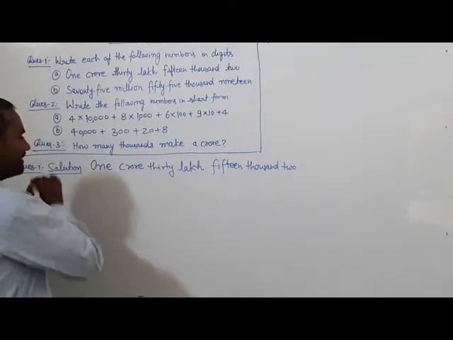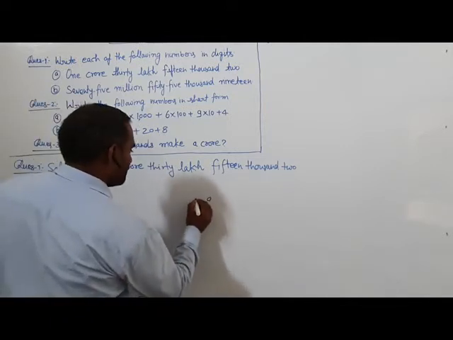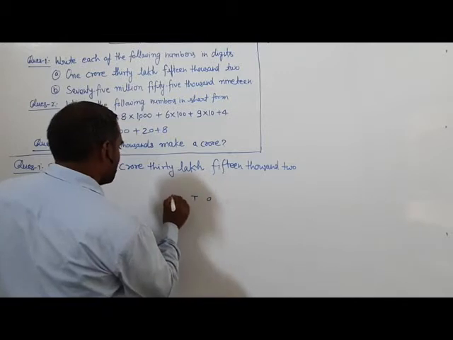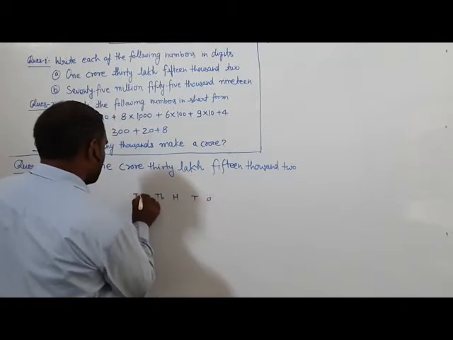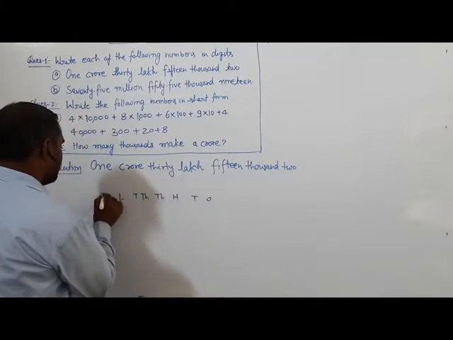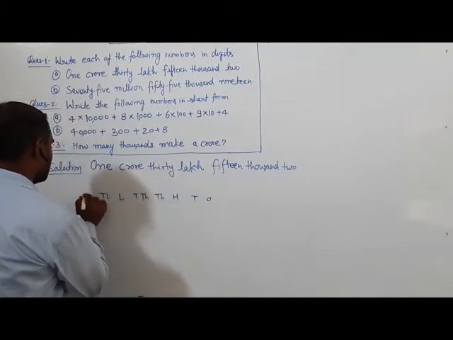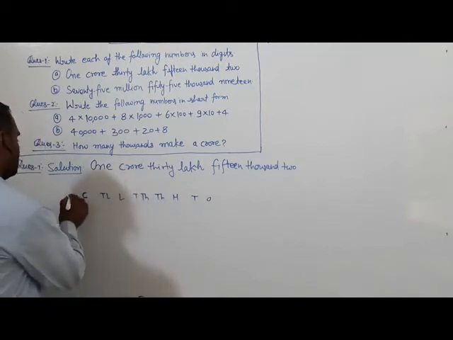So 1 crore. Ones, tens, 100, 1000, 10,000, lakh, 10 lakh, crore and 10 crore.